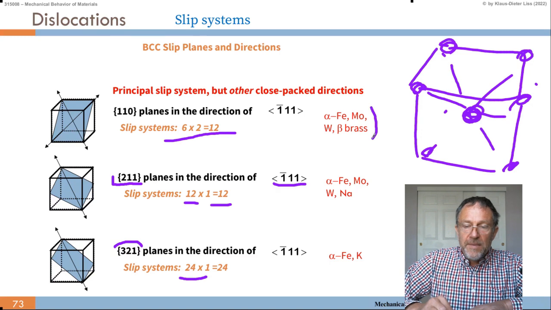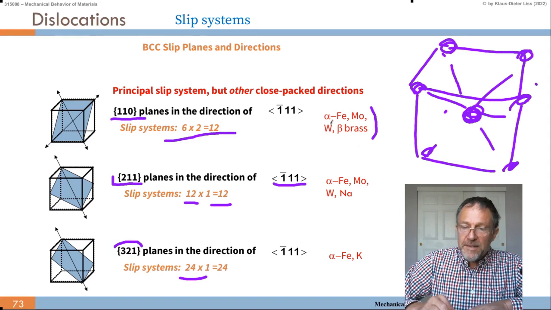So here I have marked down which metals at room temperature typically deform in those various slip systems. For example, alpha iron, the BCC iron at room temperature, molybdenum, titanium, tungsten, and beta brass.